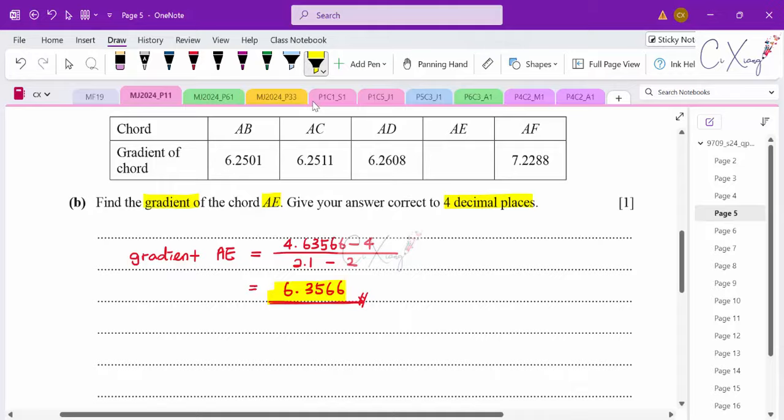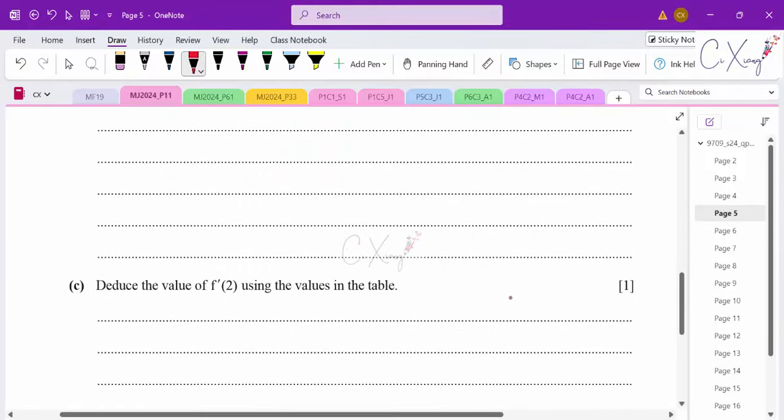Okay. Alright, so if I fill in this gradient into my table here, this is how the gradient of every single chord looks like. Okay, and let's continue to part C.